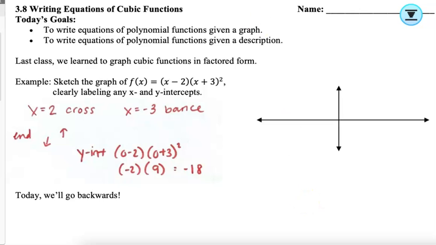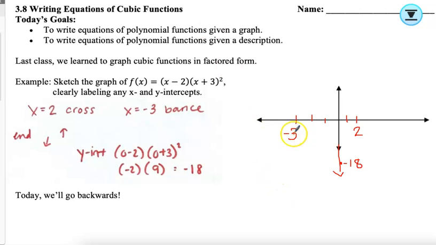So this is what we did last class, where I would go to a positive 2 on your x-axis, a negative 3, and my y-intercept is somewhere down here at a negative 18. Since my end behavior is going to start down and go up because it's positive, start with your pencil down here.